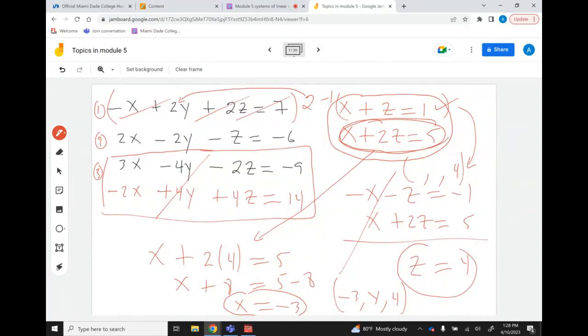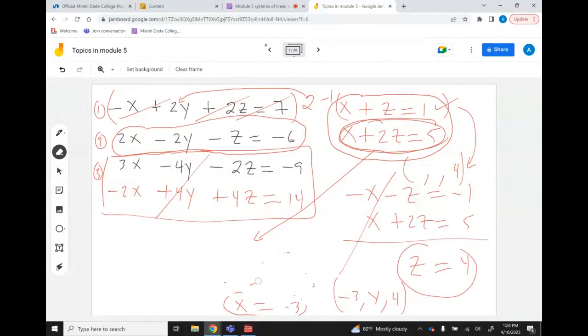So now that I have 2 out of 3, I'm going to choose, it doesn't matter, guys, this one because I want to. I'm going to erase some of the stuff that I don't need so that everything will be in the same page. All right. So here we go.